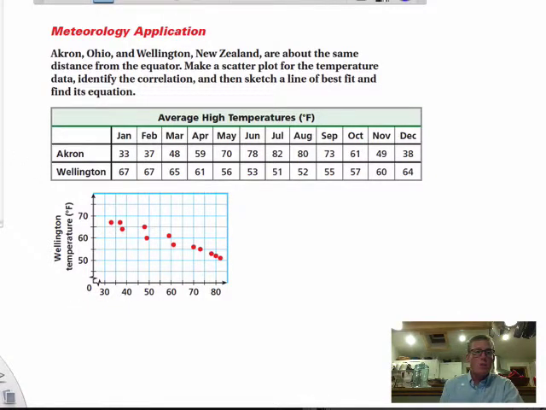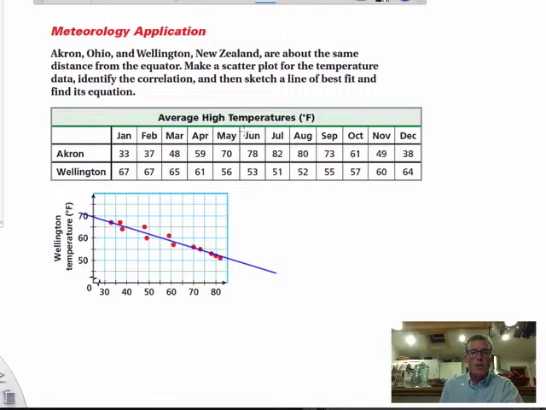Okay, so here's our scatter plot that we made right here. And it's nothing fancy. I just took the data points from the months and just dropped this information right in here. And what we're going to try and do is figure out correlation, the line of best fit, and then find that equation. Well, the correlation, if I was to put in a blue line here, I would say that it kind of runs right in that general direction, right?